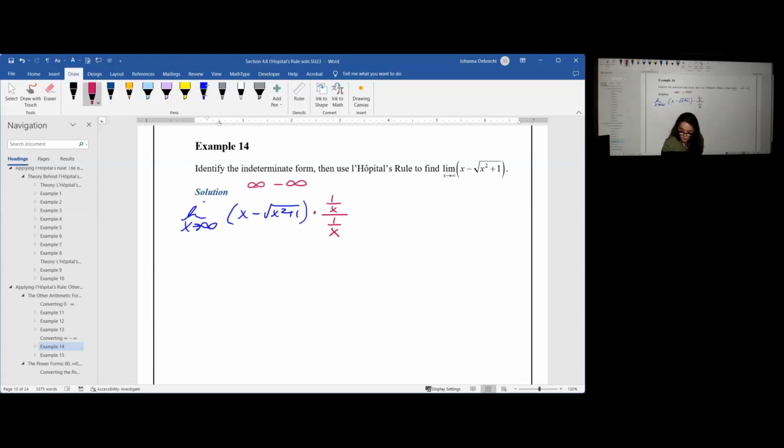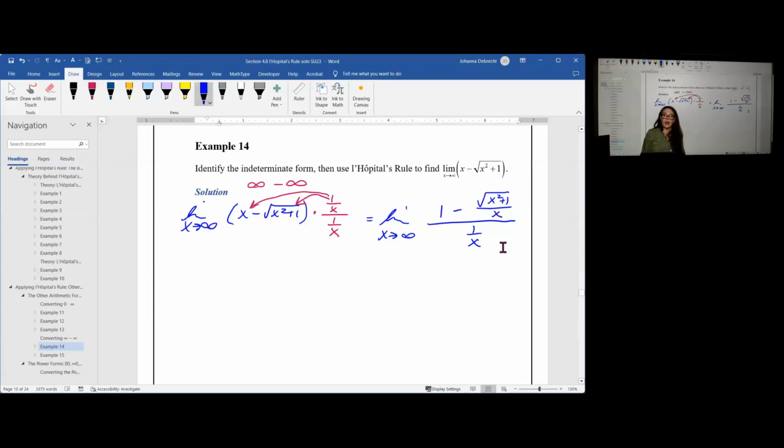I'll leave the 1 over x in the denominator to serve as a single fraction. In the numerator, note that you have to distribute the 1 over x to each term. After distributing, I end up with something that looks like this.